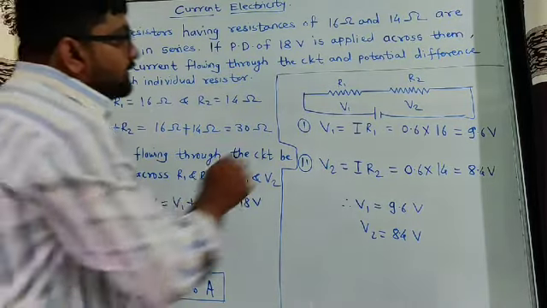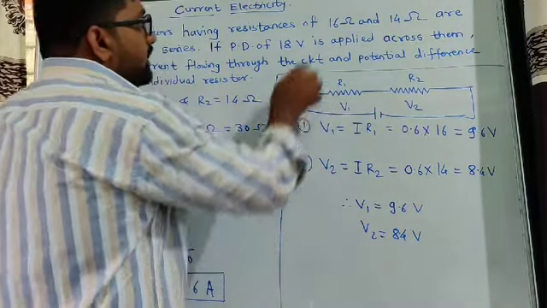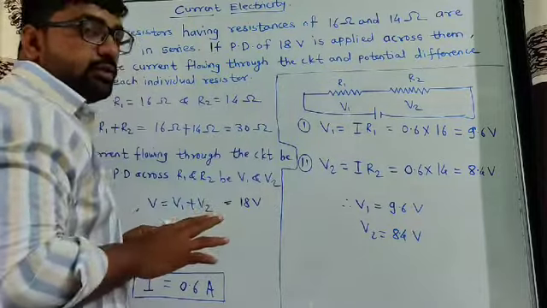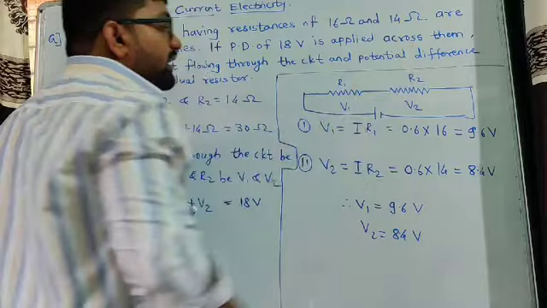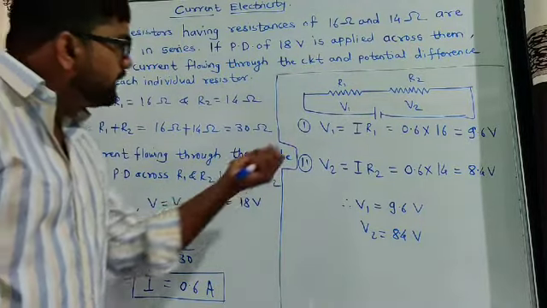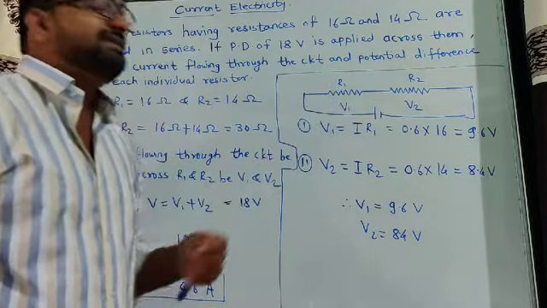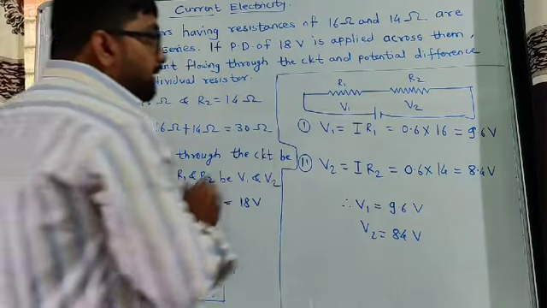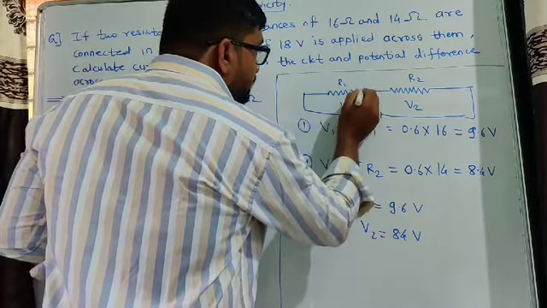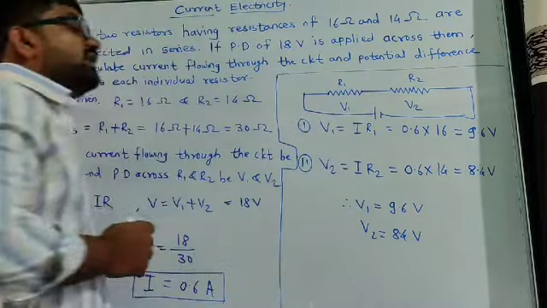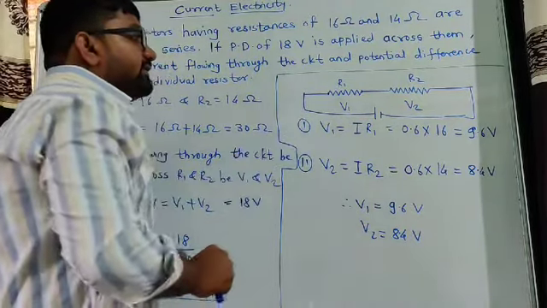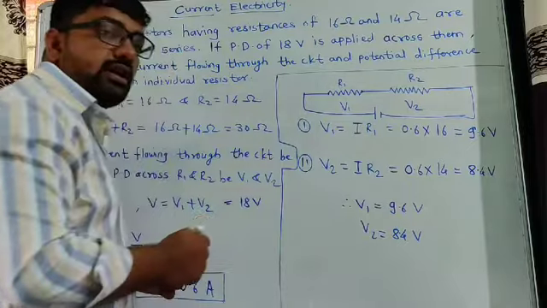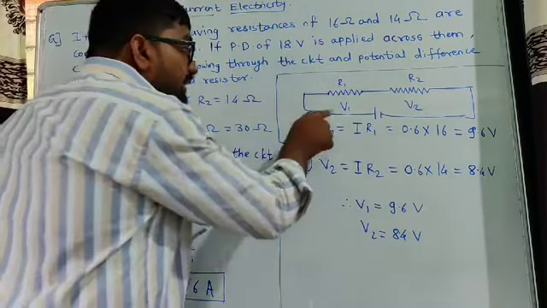Now look, this is the first resistor R1, which has a value of 16 ohm, and this is the second resistor, which has a value of 14 ohm. Due to the connection of these resistors, a potential difference is generated between these two points of the wire.